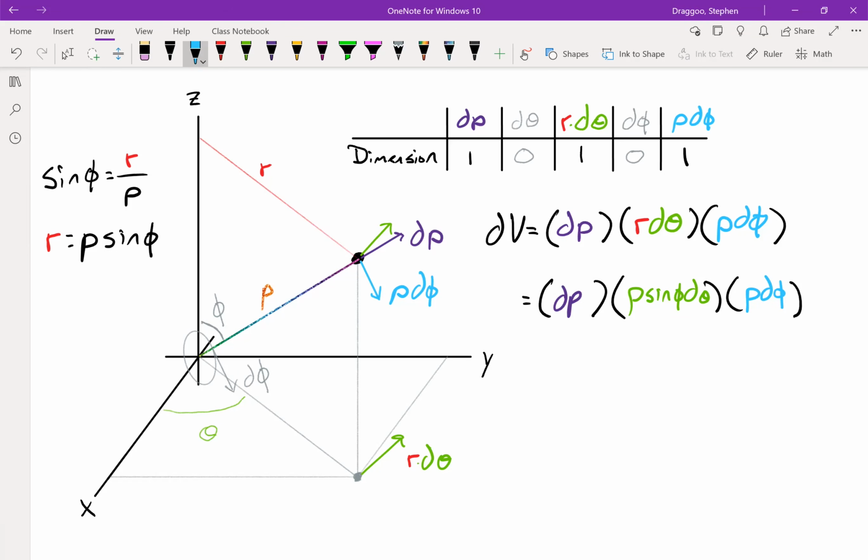So when we're looking at dv, we will usually just simplify this thing down to rho squared sine phi times the rest: d rho d theta d phi.